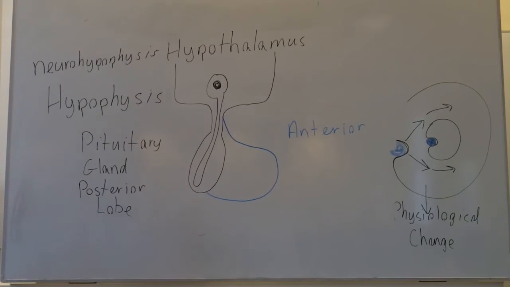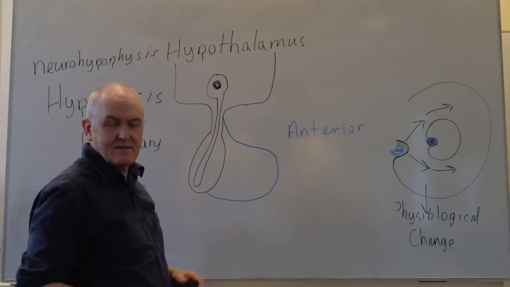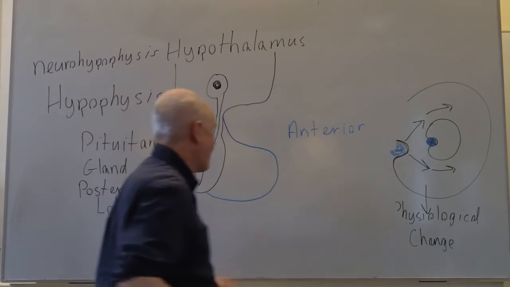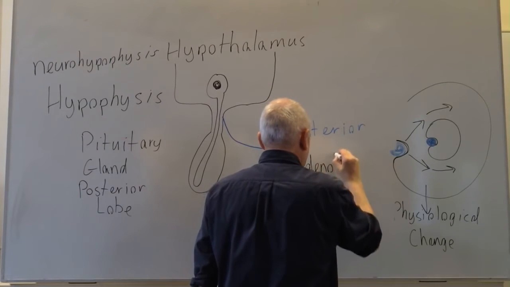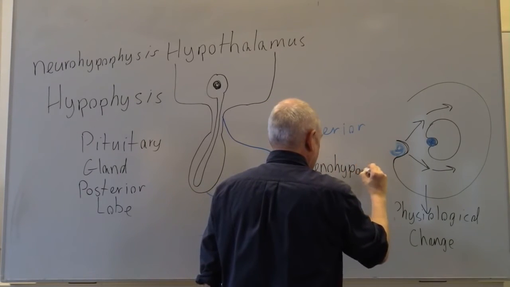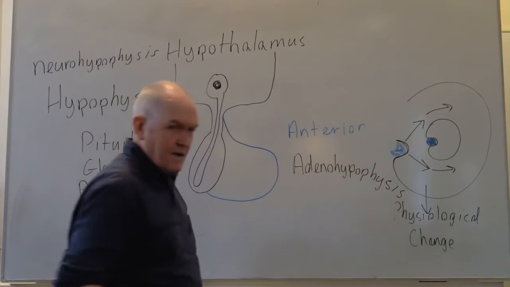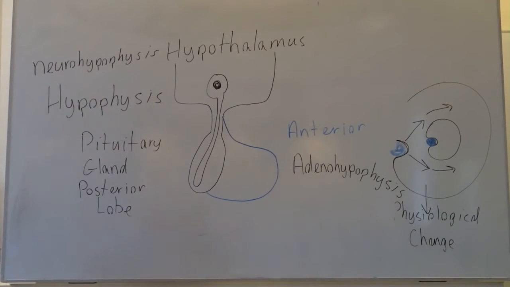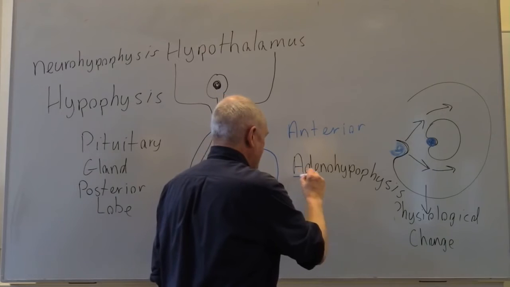And the anterior lobe of the pituitary gland is made of glandular tissue. And the prefix that means glandular is adeno. A-D-E-N-O, adeno.